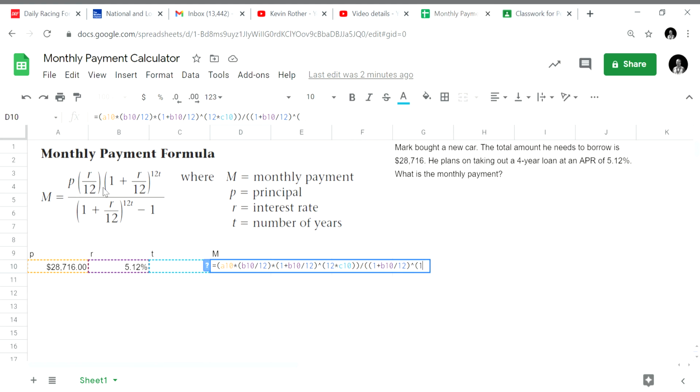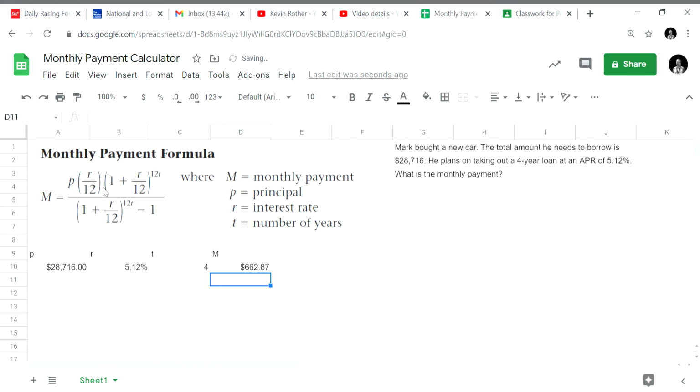So in parentheses 12 times, and the t is cell C10, C10, close that parentheses, minus a 1, close the parentheses for the denominator, and before I hit enter, let me just do a quick visual check and see if everything looks okay. I think it is, so let's go ahead and hit enter, and yes, it worked.